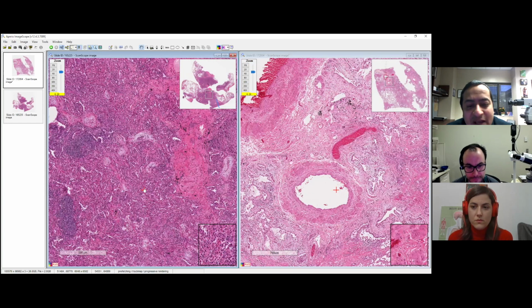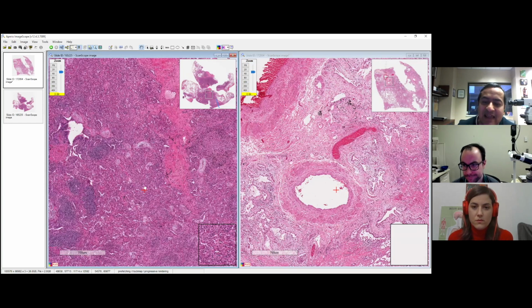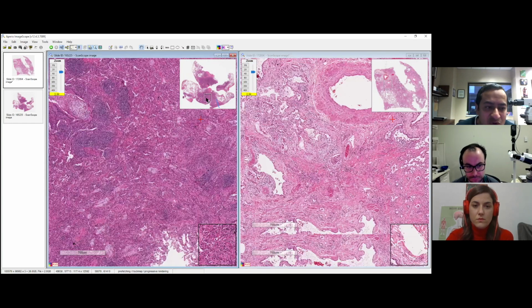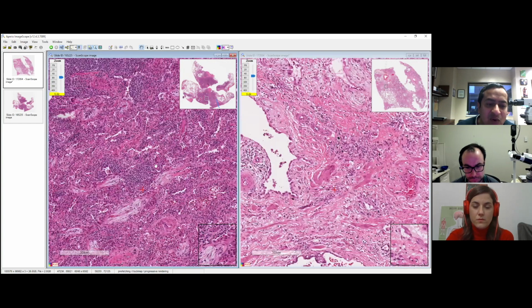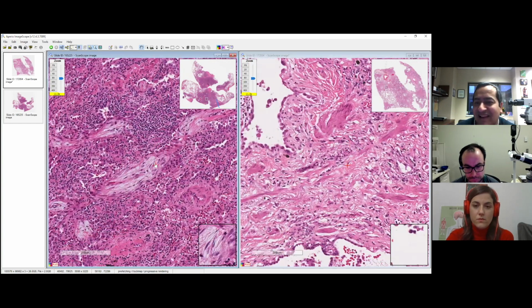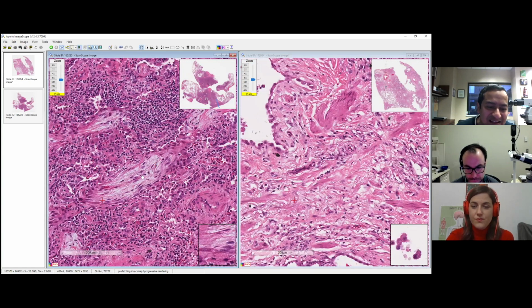And then we come to the airspace versus interstitial question, and that's where I think the confusion starts. If you look very closely at a fibroblast plug, you can almost never tell that it's purely airspace. You can convince yourself that it is in the interstitium and that the space next to it is the airspace.